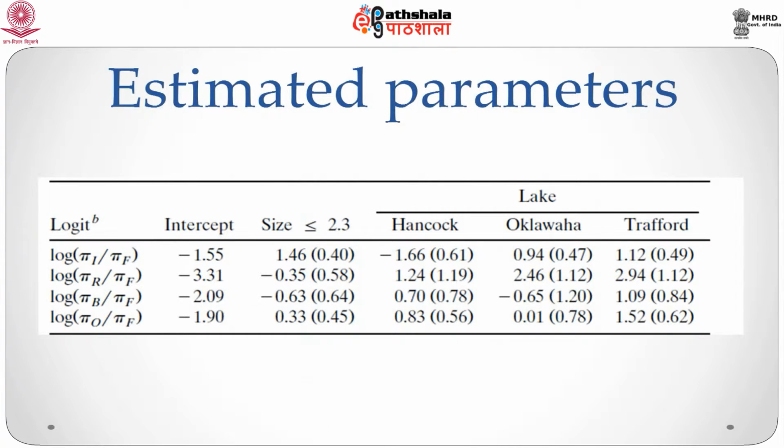So we can fit a baseline category logit model on this data set. Our covariates are G equal to gender, L equal to lake of capture, and S equal to size. We have considered in the previous module the software required to fit the baseline category logit model to nominal data.